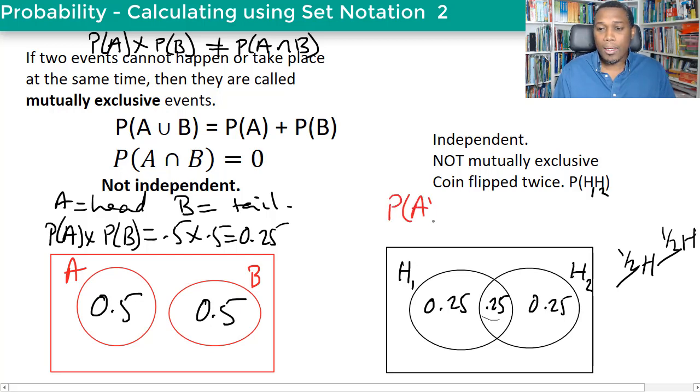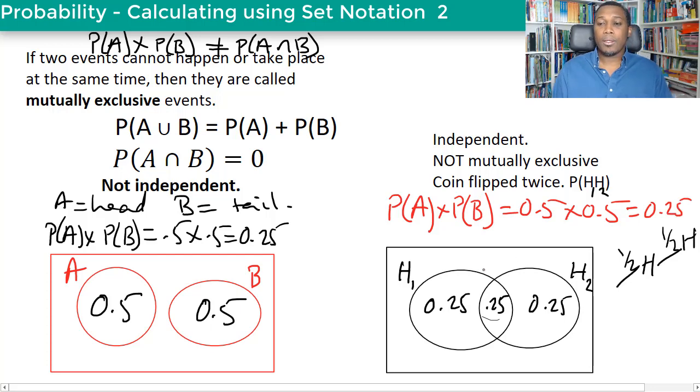The probability of A multiplied by the probability of B in this case is 0.5 times 0.5, which is 0.25. The probability of getting a head is a half, and a half times a half is 0.25. The probability of A intersection B is also 0.25.